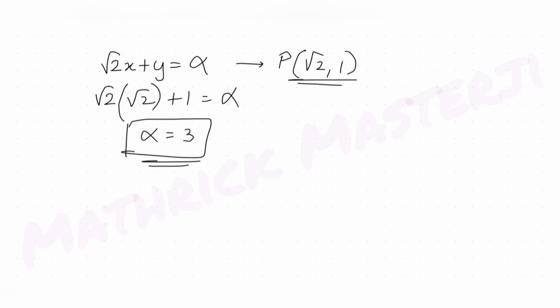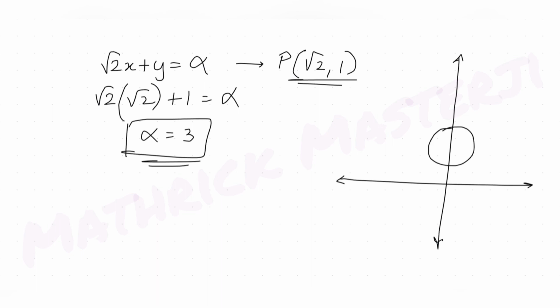Now the question further tells me that this line L touches the two circles C1 and C2, which are of equal radius 2 root 3, and the centers Q1 and Q2 lie on the y-axis. Let's say this is one circle C1, this is the other circle C2, and there is a line L, root 2x plus y equals alpha, where the slope is negative.